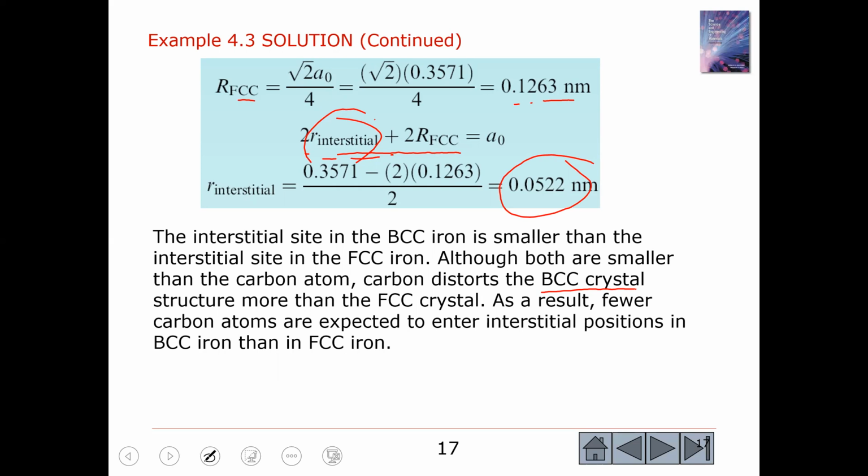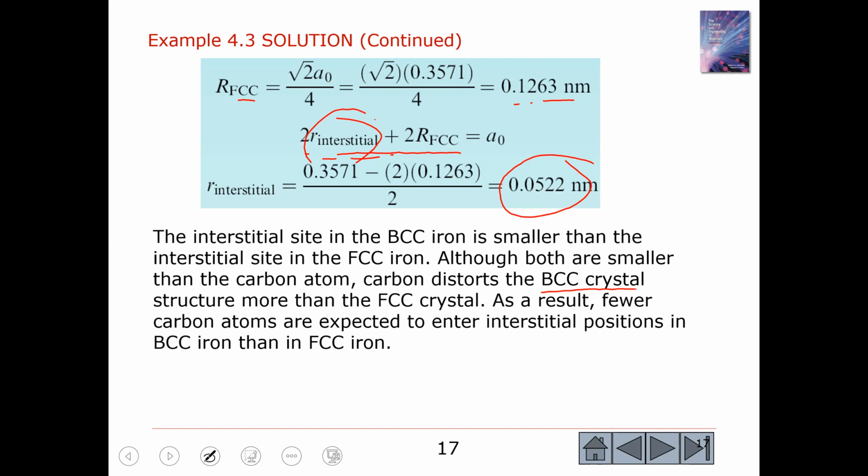When you put a big atom into a small space, it's going to create more distortion than if you put it in a bigger space. Because the space in BCC is smaller, it will produce more distortion in BCC than in FCC, because the space in FCC is slightly bigger than the space in BCC.